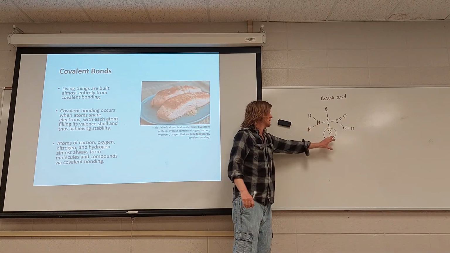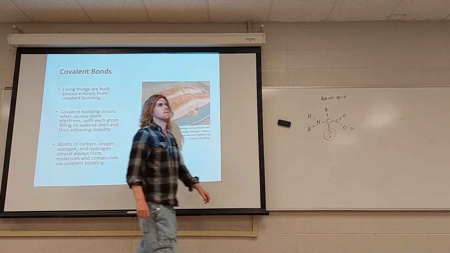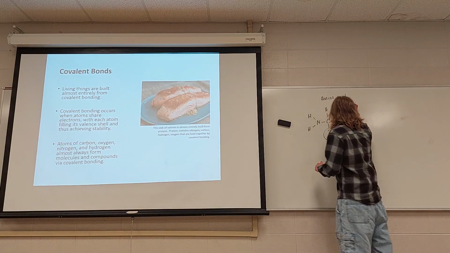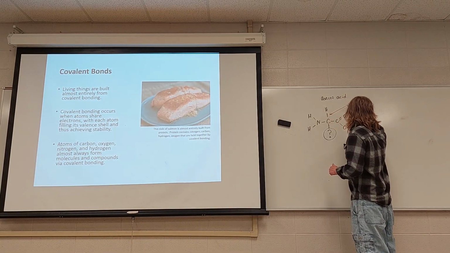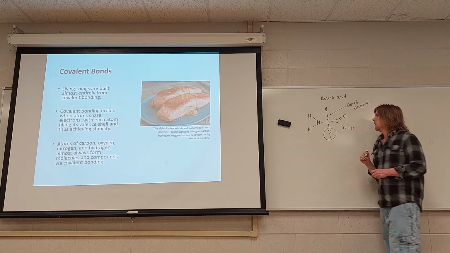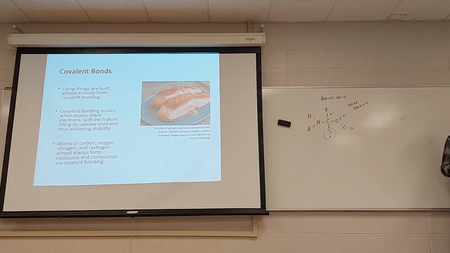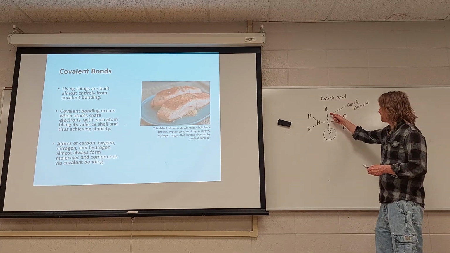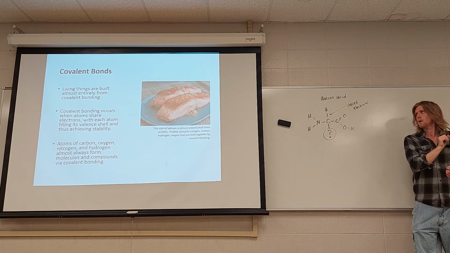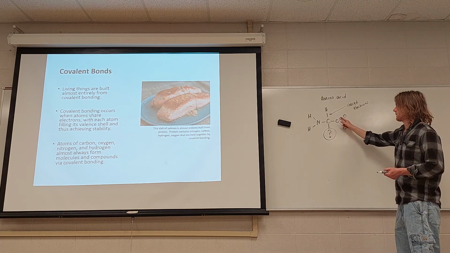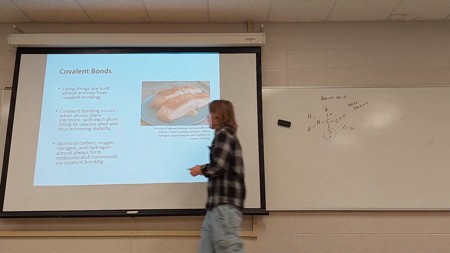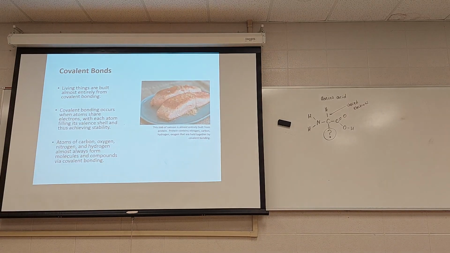Sometimes there's a few more different ones down here, but yeah, and all of these, by the way, these lines, those are the bonds. That line says, hey, this and this are sharing an electron pair. Here they're sharing two pairs. That's where there's two lines. And so this is all covalent bonding going on in that amino acid.